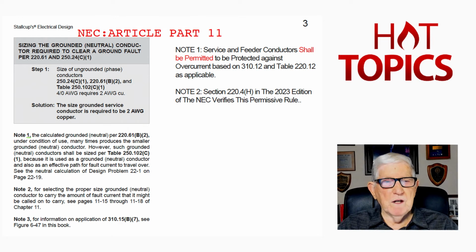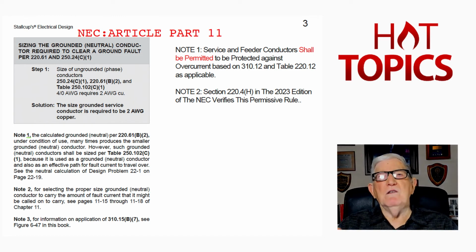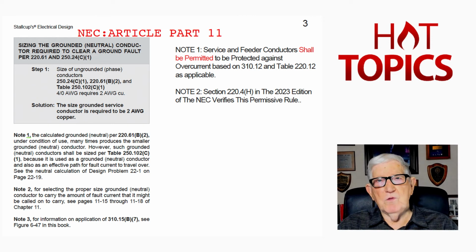And then of course when we go over to the table in the 2017, that was table 310.15(B)(7). Now it's table 310.12, and then you notice that 4-aught, we could go to table 310.12 and reduce it down to a 3-aught by that table based upon that ampacity of 223.